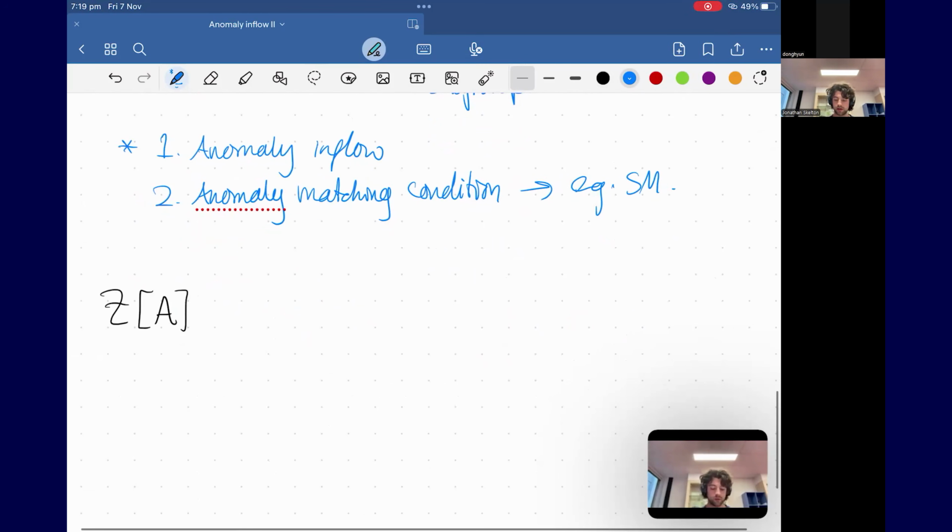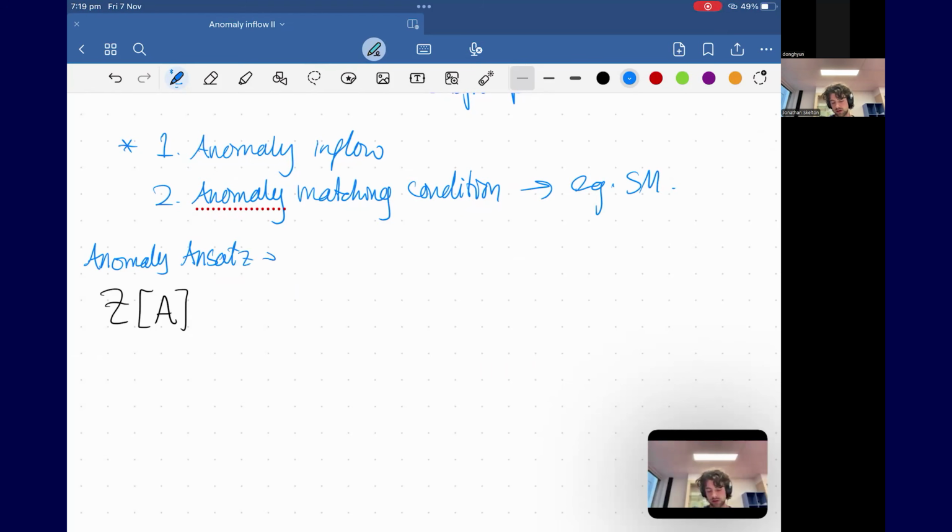But then we can make the following anomaly ansatz. So this is the anomaly ansatz. For example, this is seen in the chiral anomalies and some other variations as well. But in general, this is a nice picture which we can pick up.